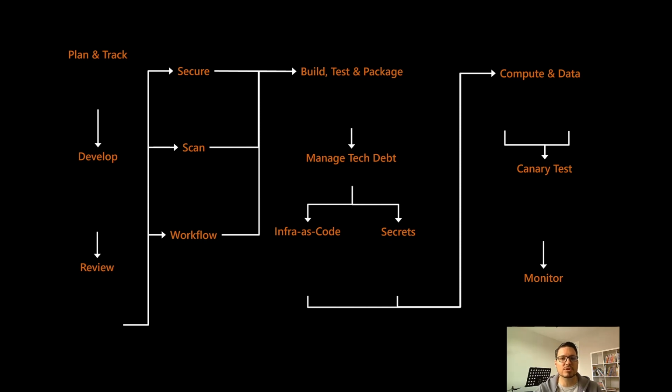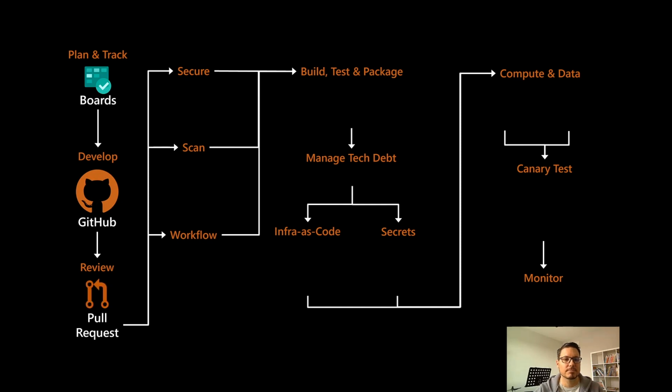And again, remember, this is just one incantation of this workflow. We're of course going to use Azure Boards to plan and track work. I've mentioned using Git source control, but we'll see how GitHub adds some extra functionality on top of just Git. We'll see how we can configure pull requests and configure policies on pull requests.